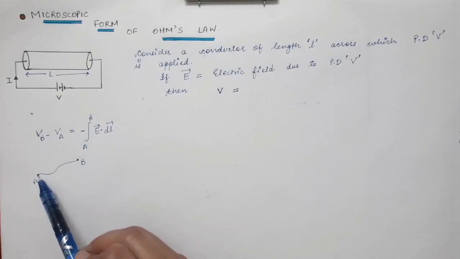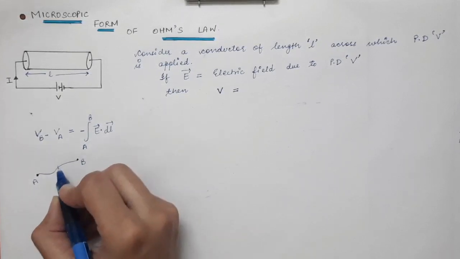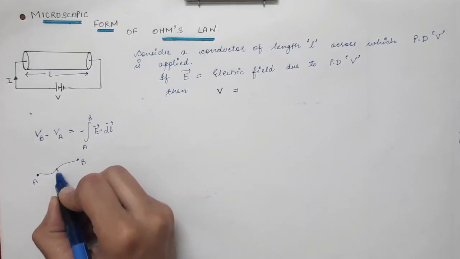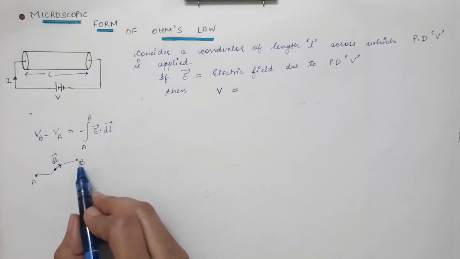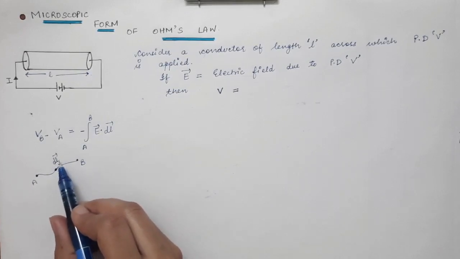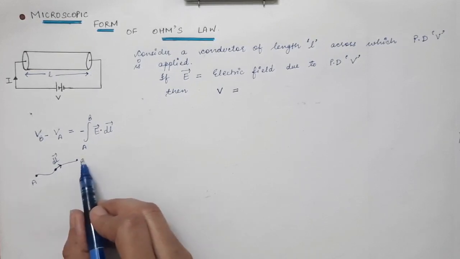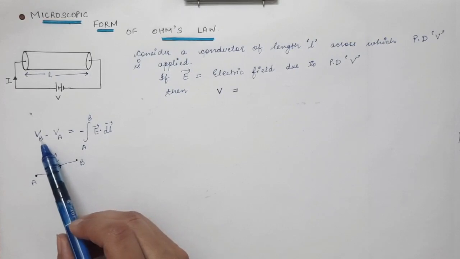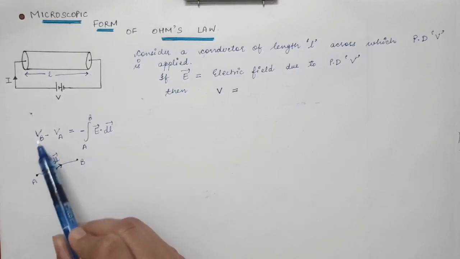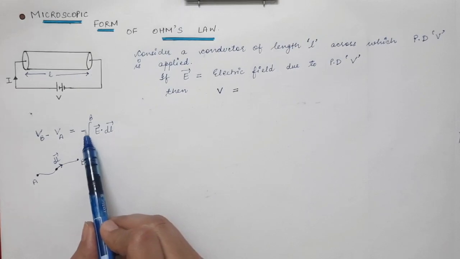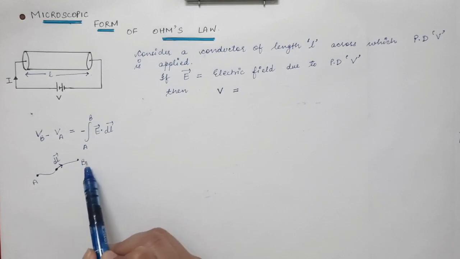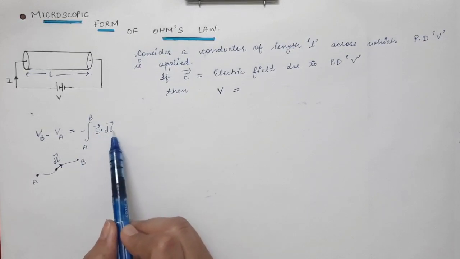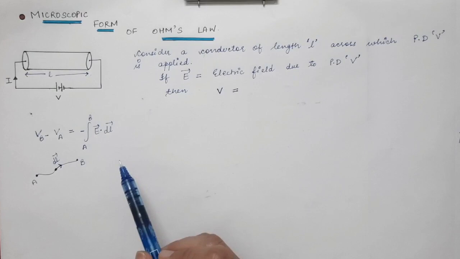You are going from point A towards point B, and this dl vector will be in this direction. dl will be the small length element pointing from A to B. So VB minus VA will be equal to the negative of the integration from A to B of E vector dot dl vector.